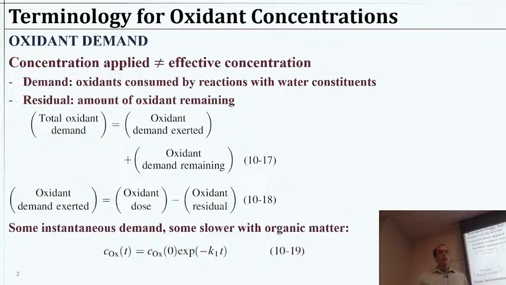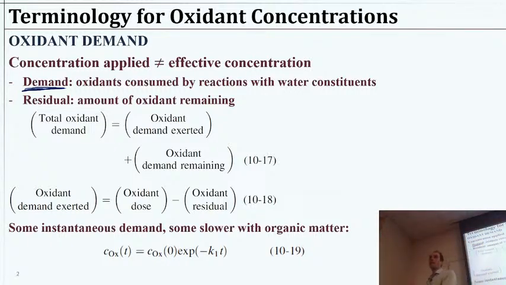A demand, let's say a chlorine demand or some other oxidant demand, is some substance that is going to demand or require by reaction some amount of that oxidant quite quickly, before the chlorine can go do the disinfection, for example.